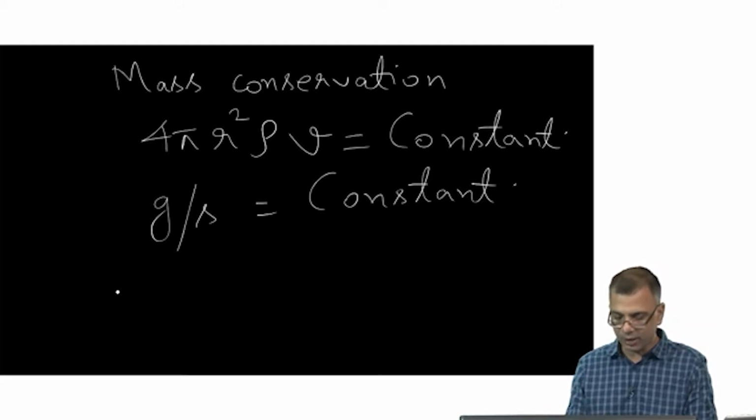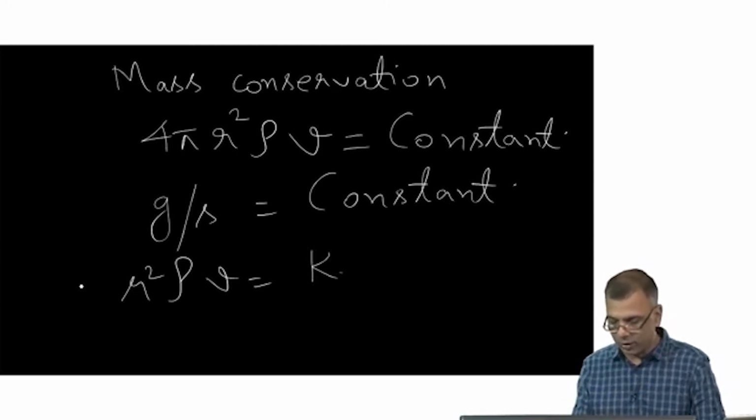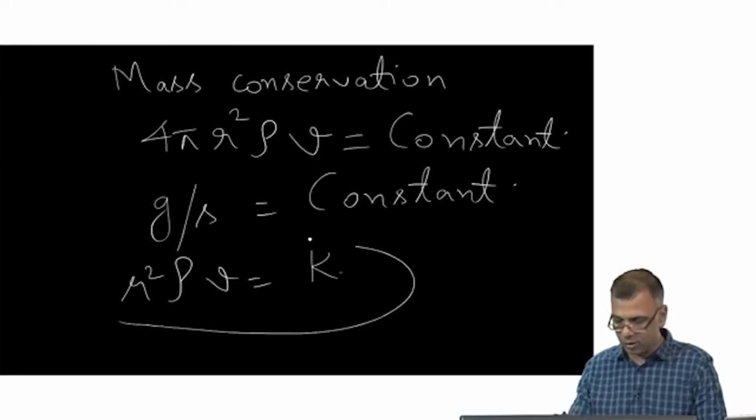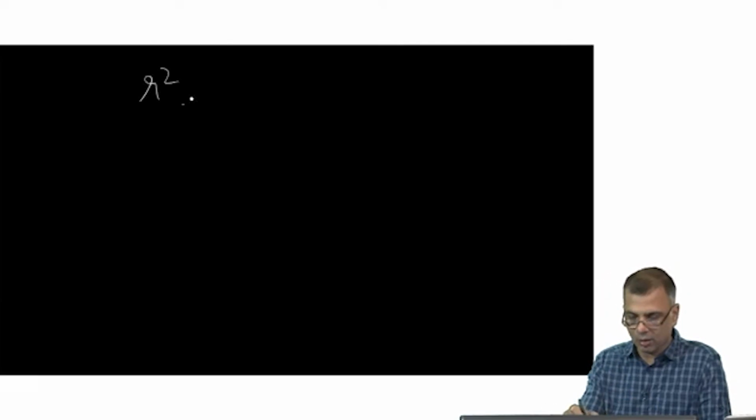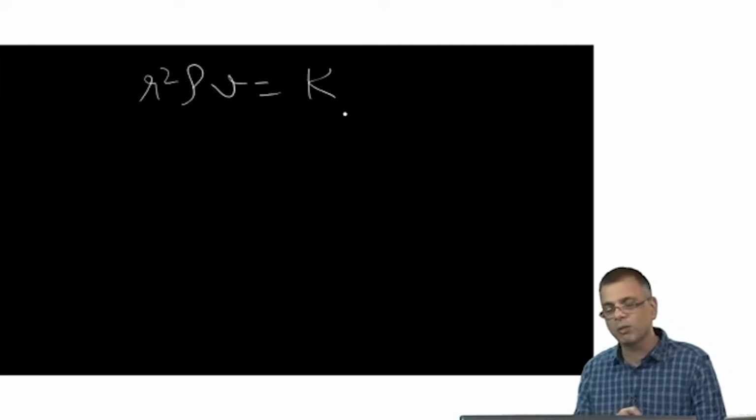Therefore, I can write this as r squared rho v equals some constant. So remember this equation, and I choose not to use this form of the equation.